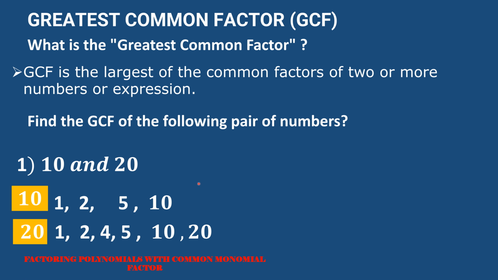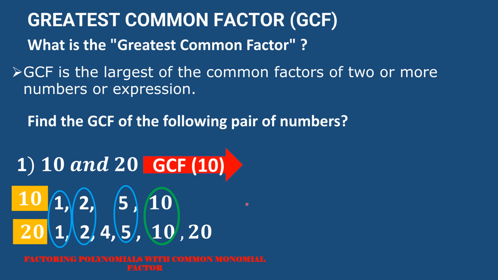Let us pick their common factors. 1 is common to the two. 2 is also common to 10 and 20, as well as 5, and 10 is common to the two numbers. Among all the common factors, the greatest is 10. Therefore, 10 and 20 have the GCF, or greatest common factor, of 10.